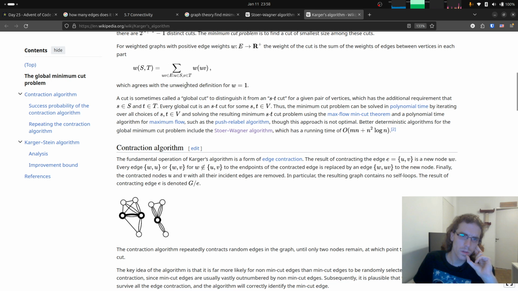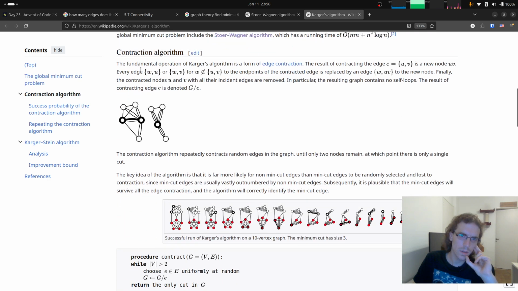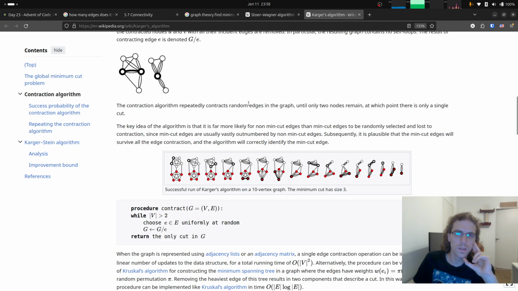Yeah, I don't know if I will go with this contraction algorithm. Only 2 nodes remain, at which point there is only a single cut. The key idea of this algorithm is that it's far more likely for non-min cut edges than min cut edges to be randomly selected and lost to contraction.